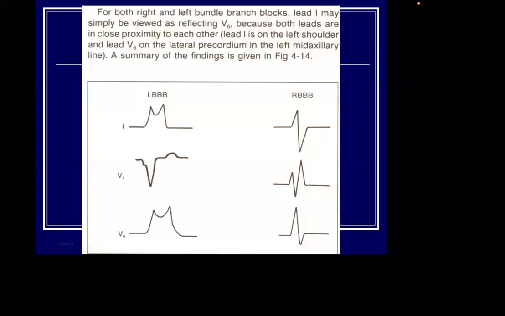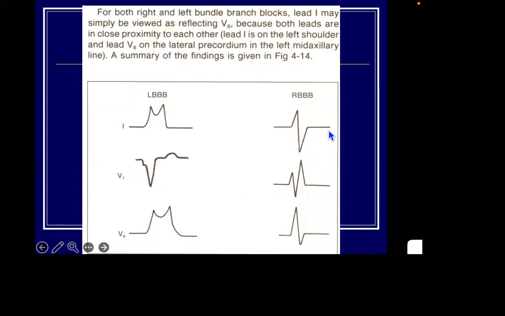So you look at lead 1 and V6 in LBBB, you will find the M shape, and you look at V1, you will find the S wave. Here in lead V6, there is no initial Q wave. If you see, there is no negative deflection. The initial Q wave in V6 will be lost, and the initial R wave in V1 will be lost.